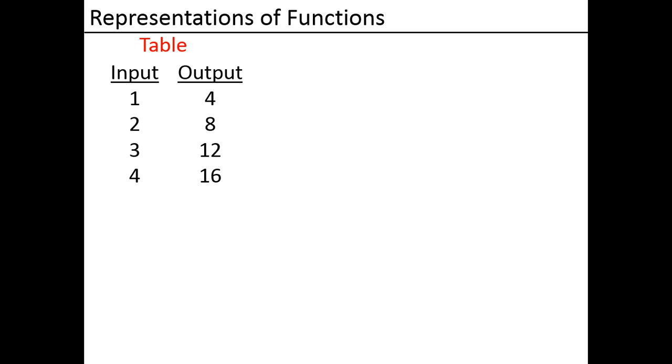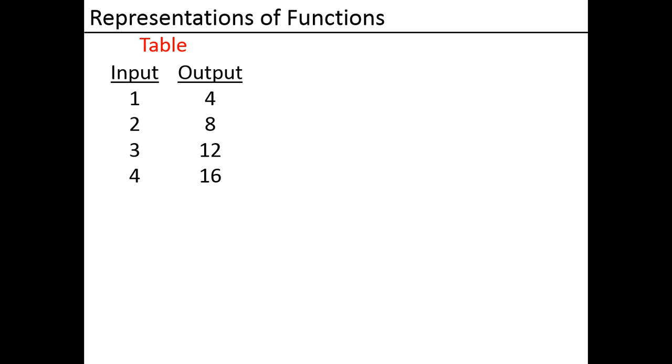Now the other thing I'd like to point out is how we know this is a function. Remember we had that very long formal mathematical definition of what a function is. Let's look at that definition in maybe a little more common sense terminology. If we have a function, that means that every input that we have has exactly one output.